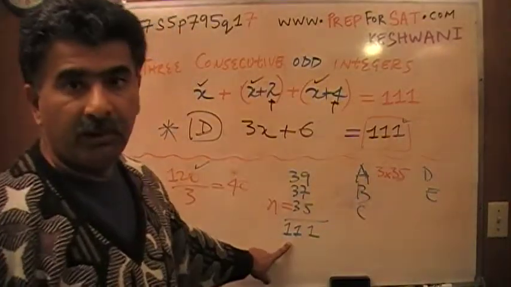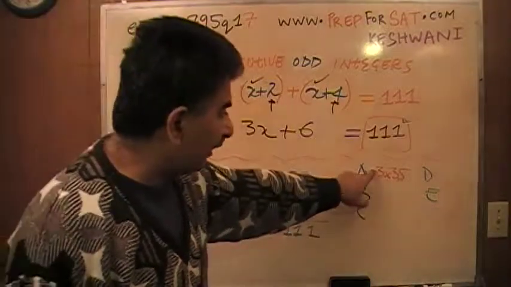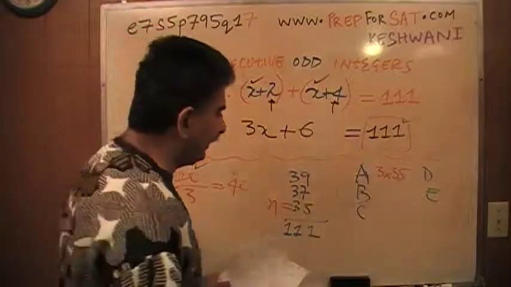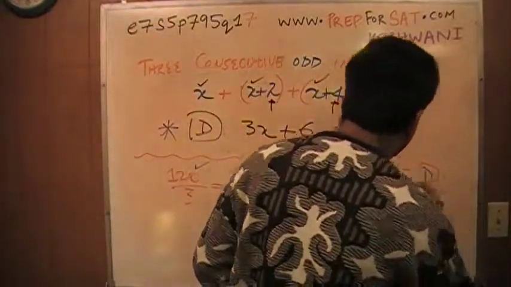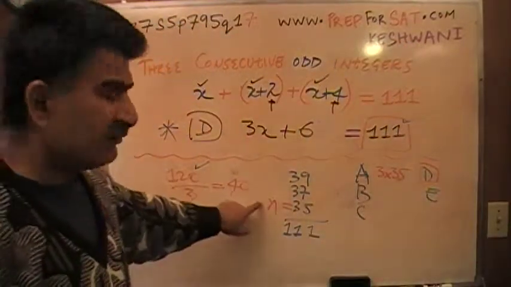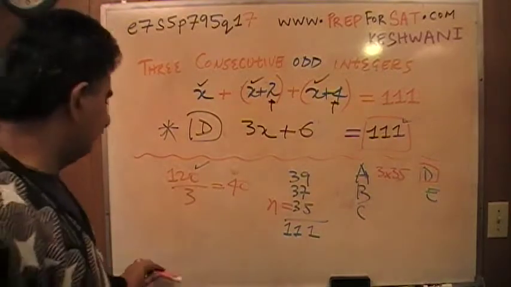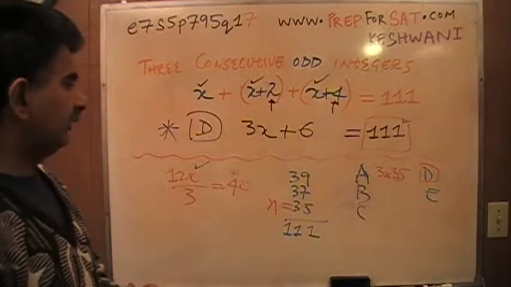That does not equal 111. I need 105 plus 6 more. That's my D. Right there. 3 times n, so just substitute 35 for n, and you get 3 times n plus another 6.